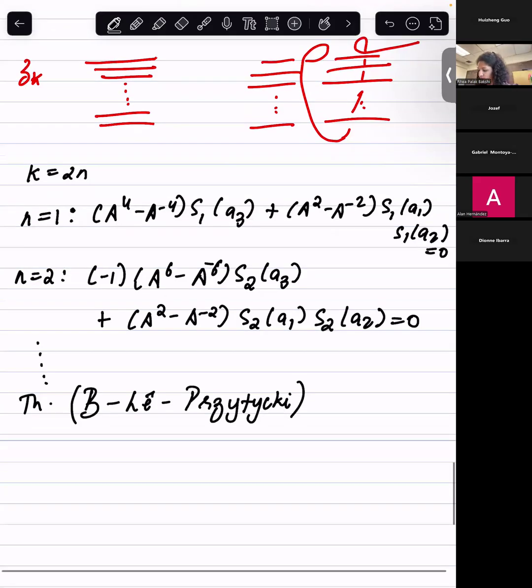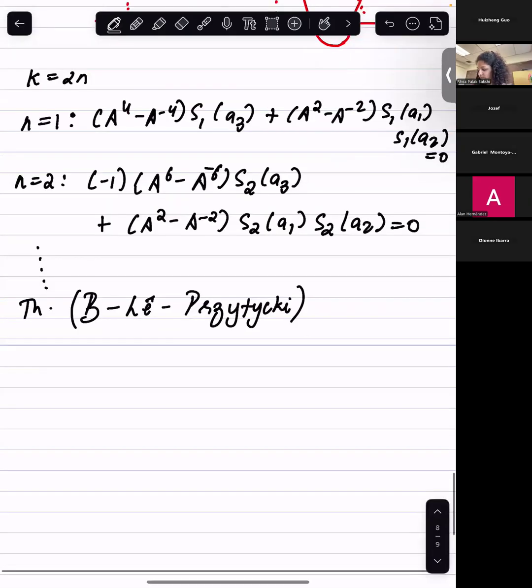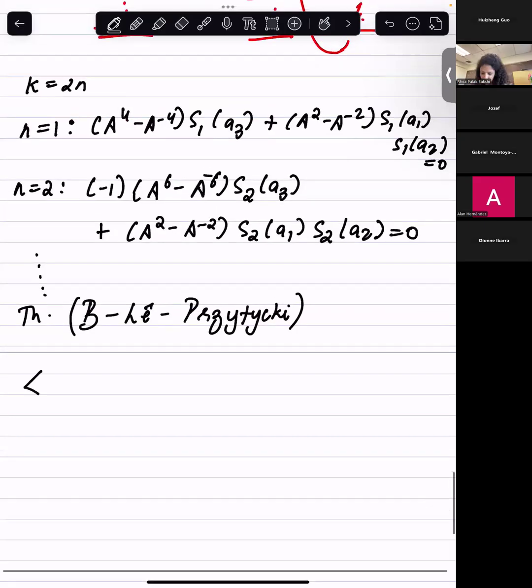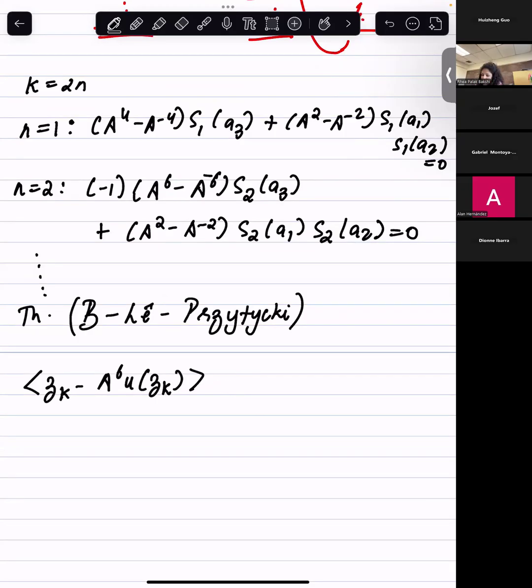And what we showed is that our handle sliding relations, which were of this form, are exactly the same as, so let me write this in the next line: minus 1 raised to n plus 1, curly n plus 1, the nth Chebyshev polynomial in the variable a3, plus curly 1, the nth Chebyshev polynomial in the variable a1 times the nth in the variable a2, where n is greater than or equal to 1.